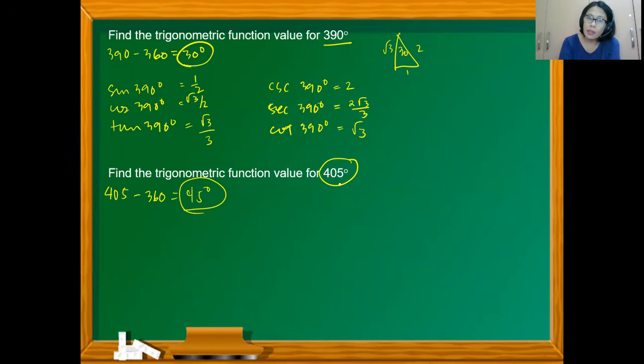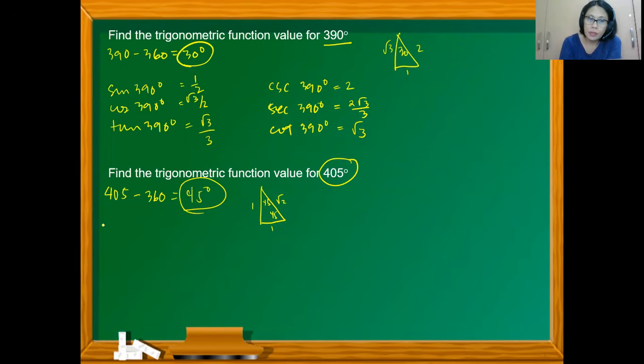Since this is coterminal with angle measure 45, all the trigonometric function values are greater than 0. And we're going to consider the 45-45 right triangle. This is 1, this is square root of 2.